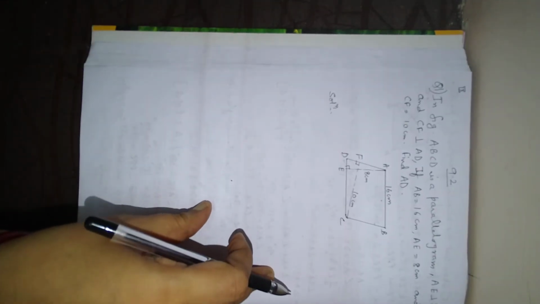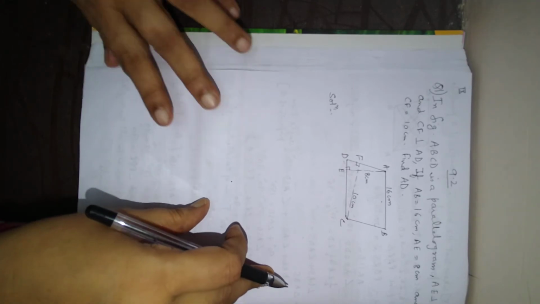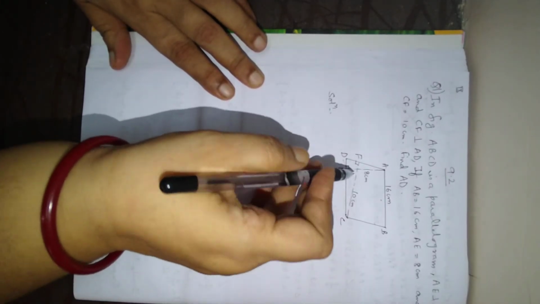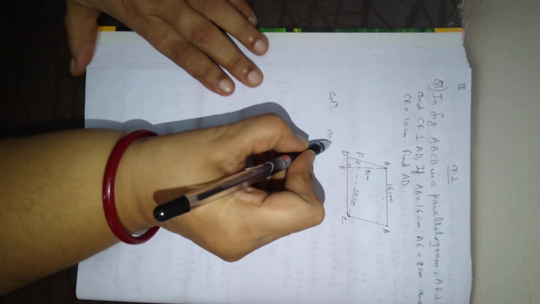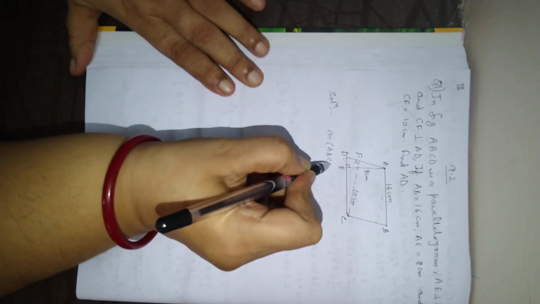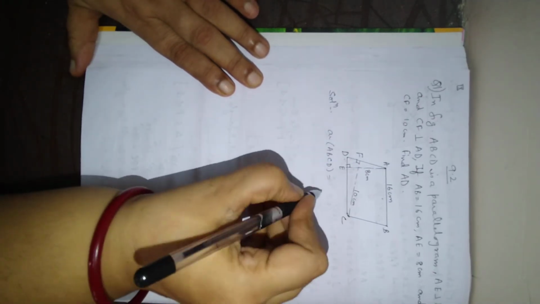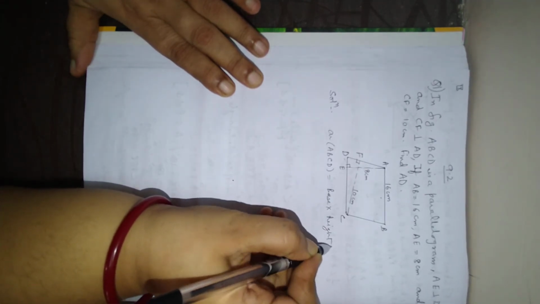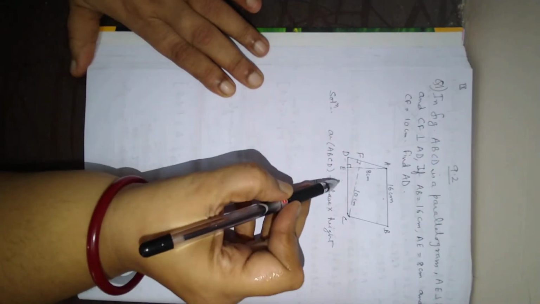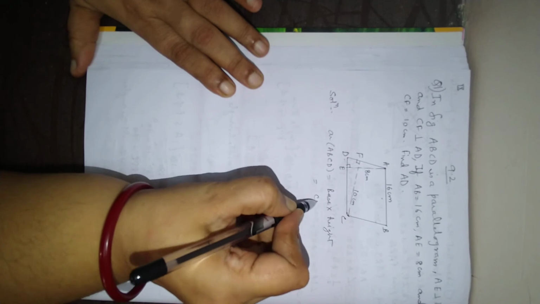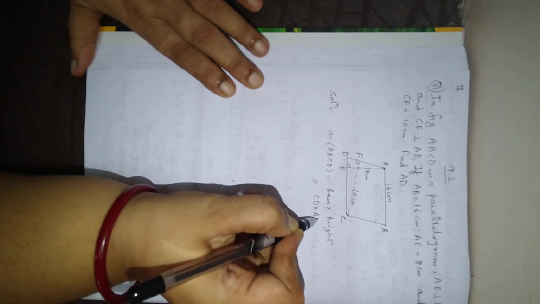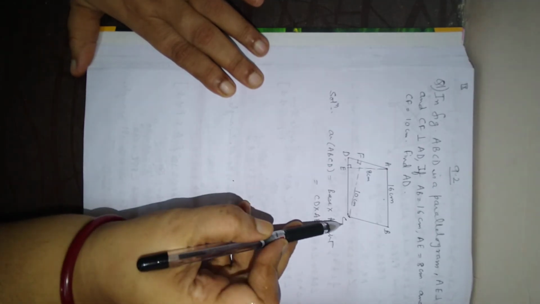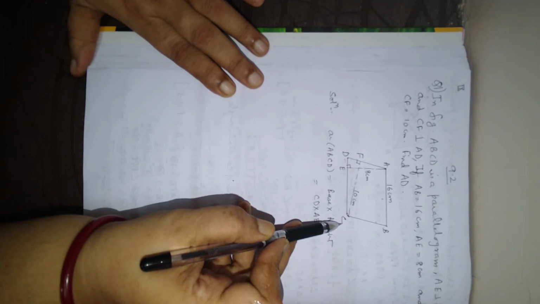So here we know that the area of the parallelogram equals base into height. So it is CD into AE, if you take CD as the base.